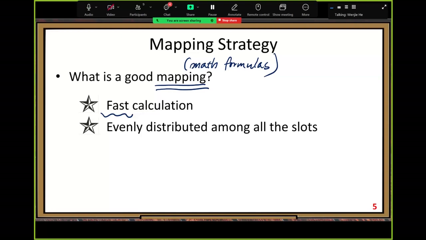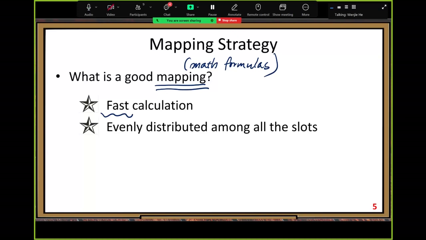You map multiple elements into the same slot, so you get a collision problem. Then you need to find some way to resolve the collision. Then it takes time to resolve the collision. So then your search performance will be slow.